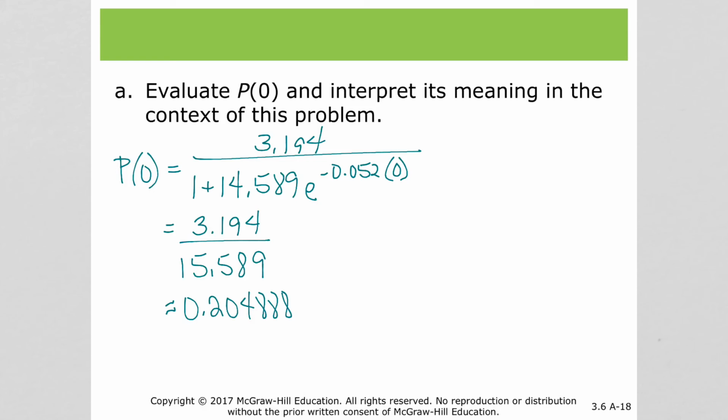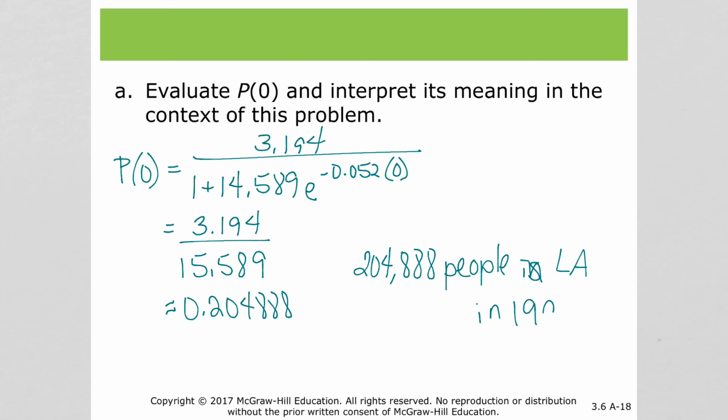Converting that from millions, that's 204,888 people in Los Angeles in 1900. Seems like a lot. Okay.